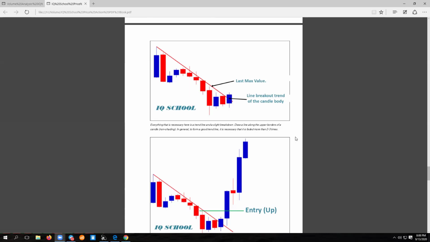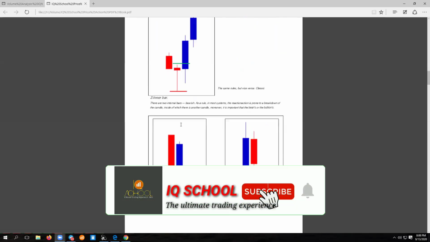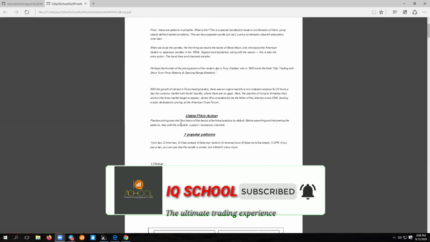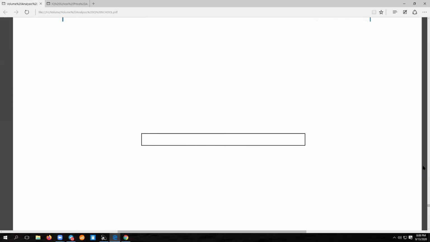Third is the market trend, and fourth is the confirmation candle, which I explain in the price action book, the 7 confirmation candles. I'm showing you which is the high volume node here.